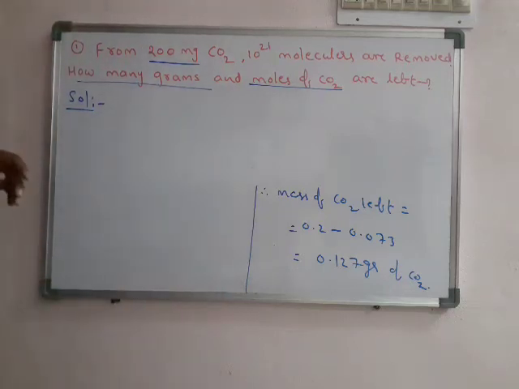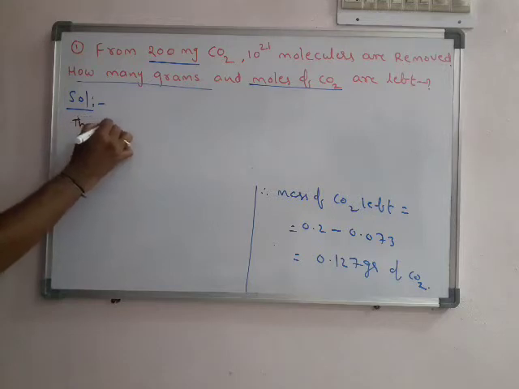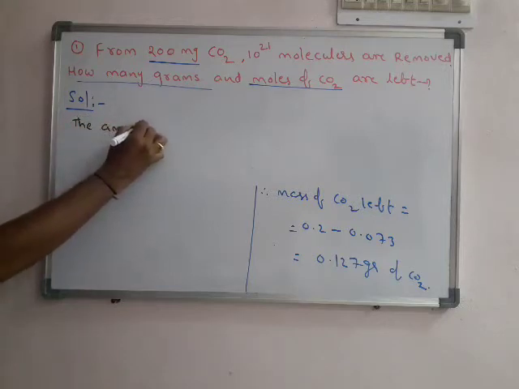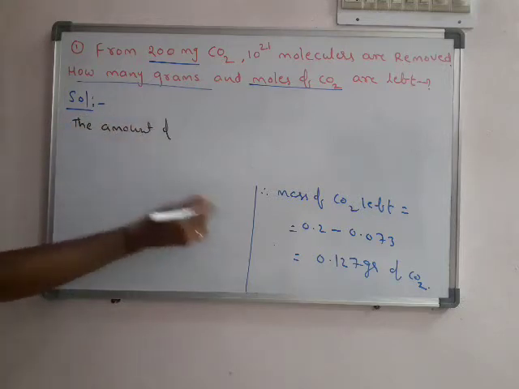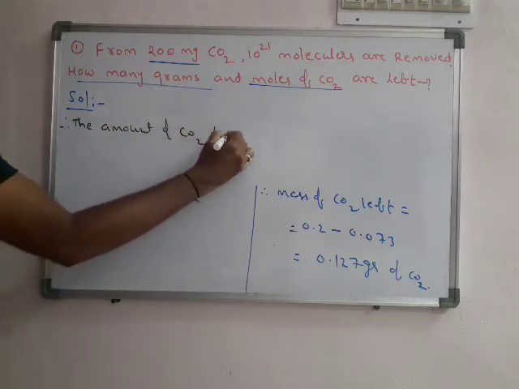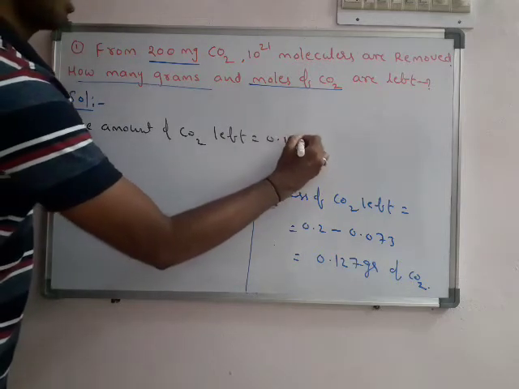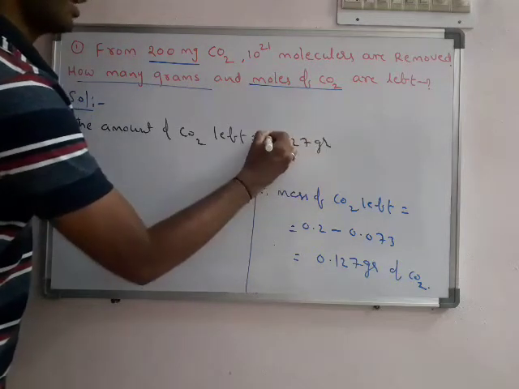Next, amount of CO2 left. So what is the answer here? The amount of CO2 left equals how many grams? 0.127 gram. This is one answer.